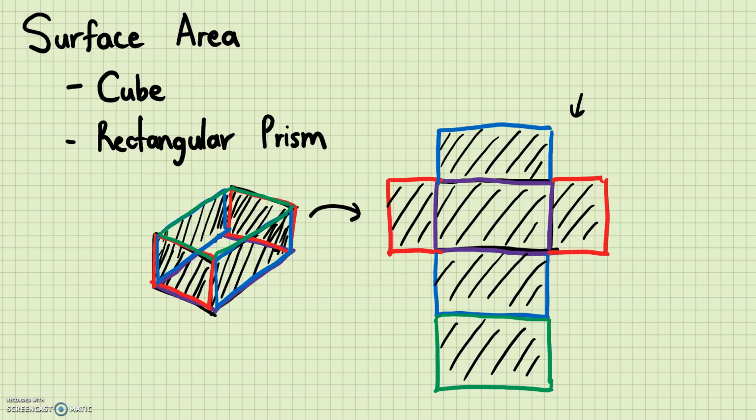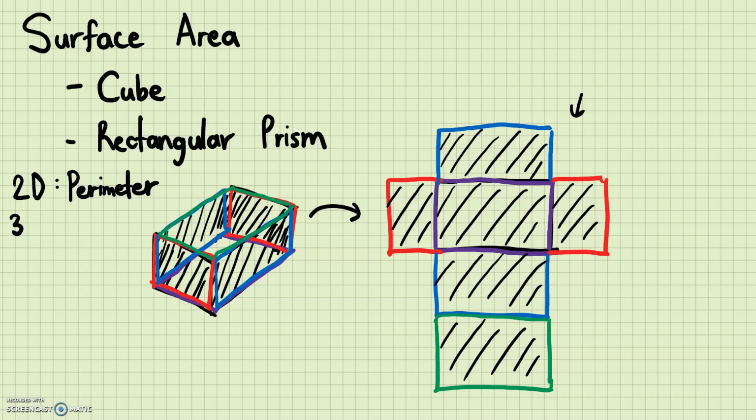So think of surface area as like a perimeter. In 2 dimensions, we had the perimeter to show the outside measurements.